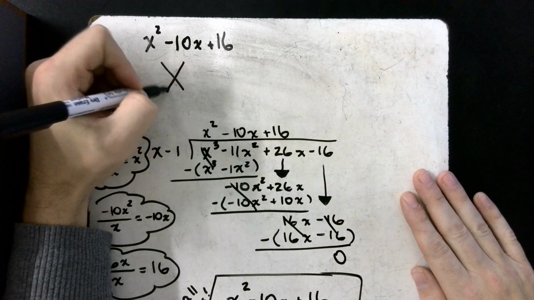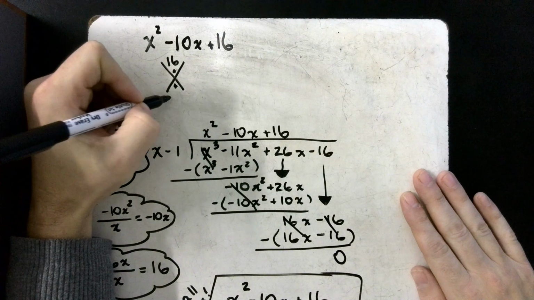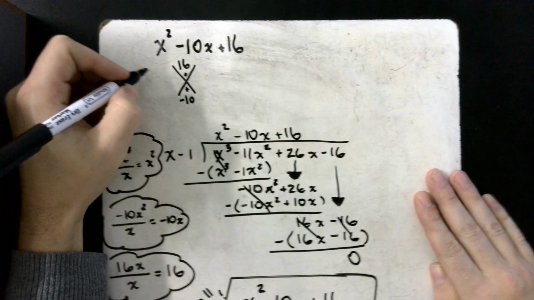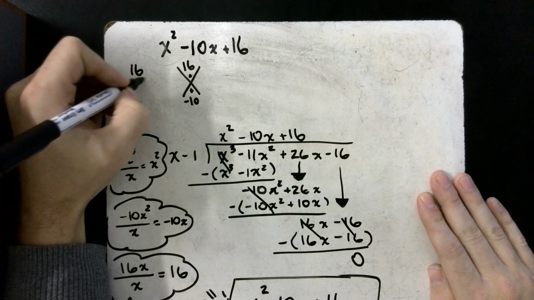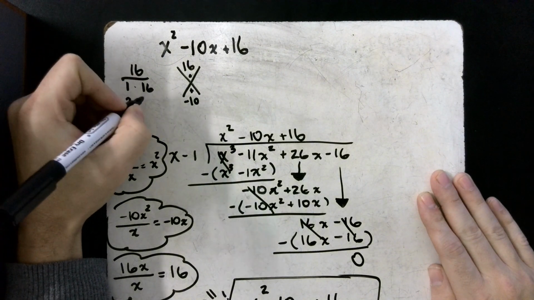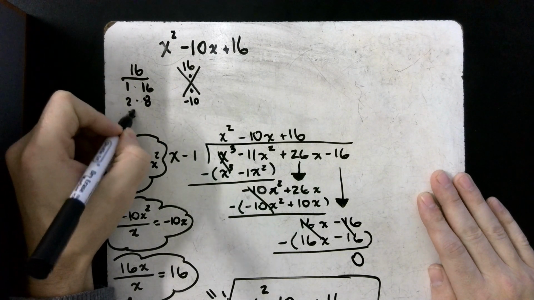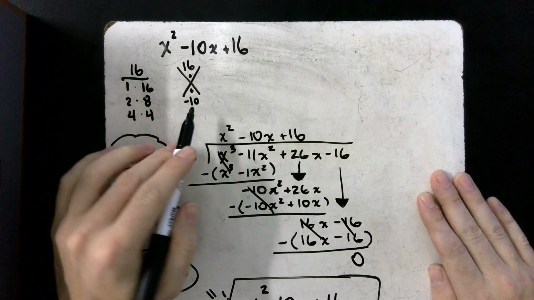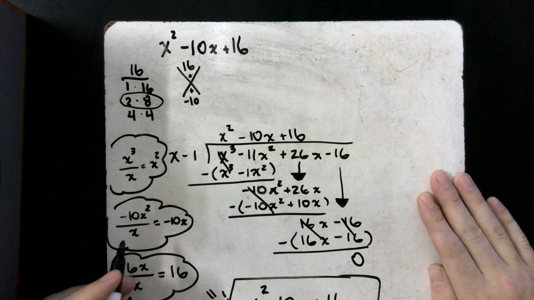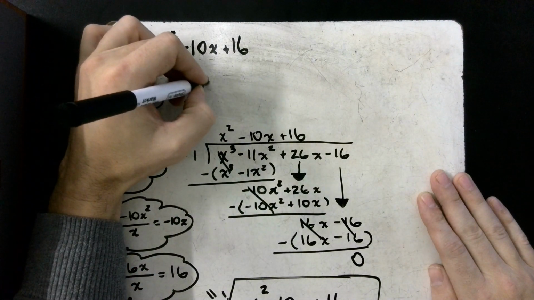So here I'll start with factoring. What multiplies to give me 16 but adds to give me negative 10? A helpful hint is to take your 16 and write its factor pairs here until you can come up with a potential answer, and know that it's got to be negative. And so it's going to be this 8 and 2. They will just both be negative.